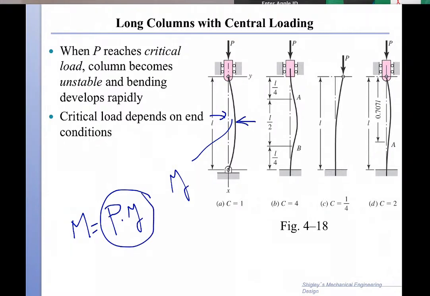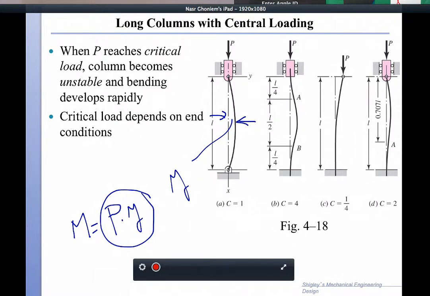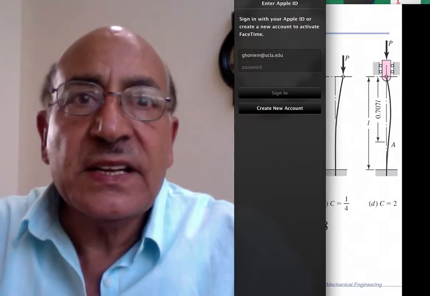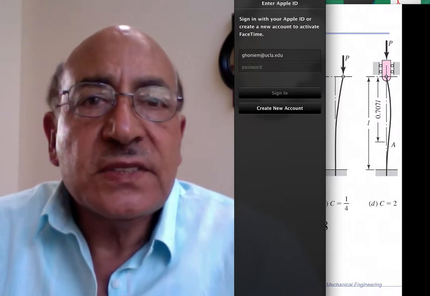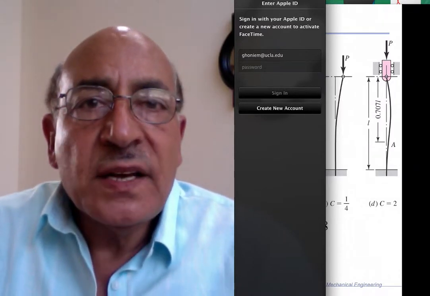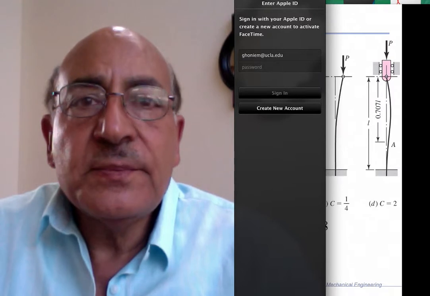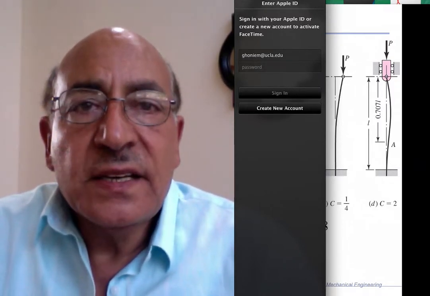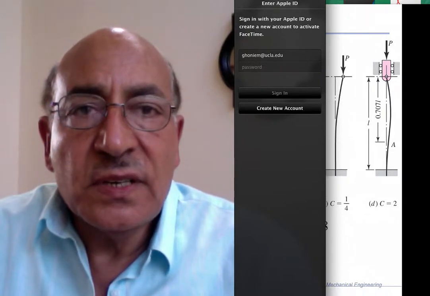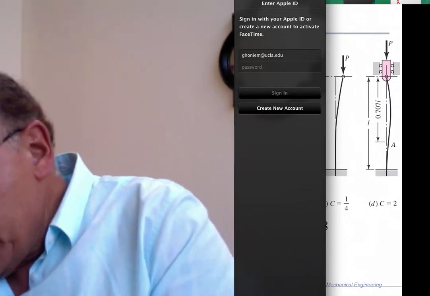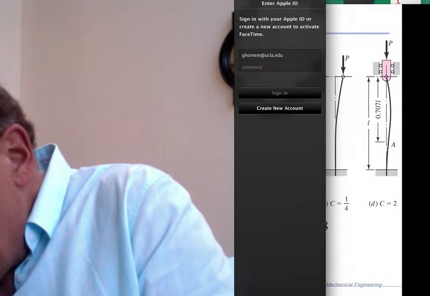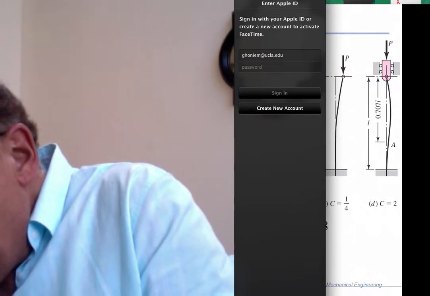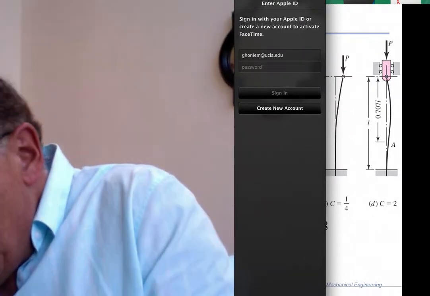And therefore, we get a second order differential equation. We know the deflection equation, a second order differential equation that has y double prime, and then you have the moment over EI, which is P times y. So you get an equation like this: y double prime plus P over EI times y is equal to 0.